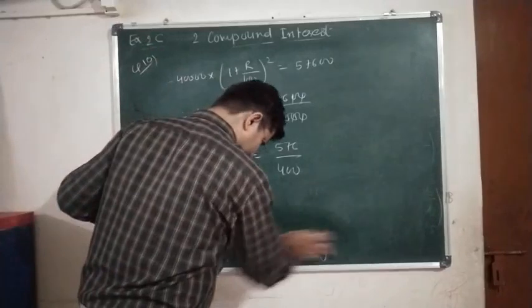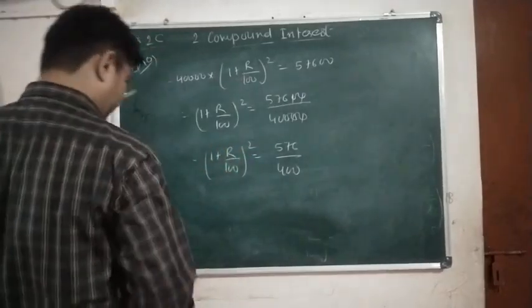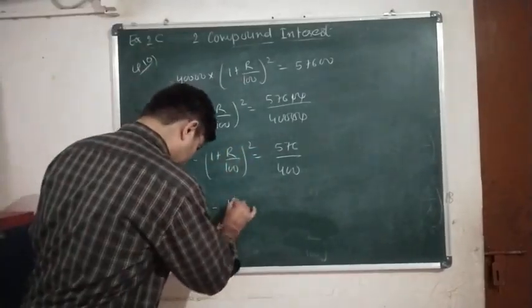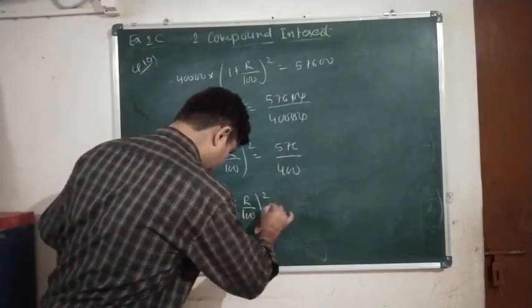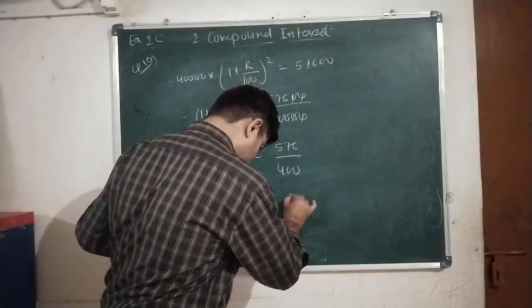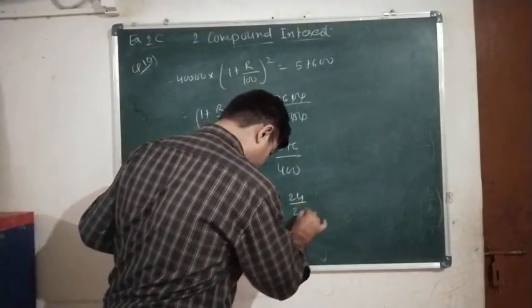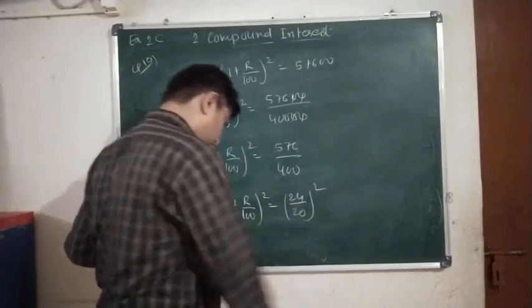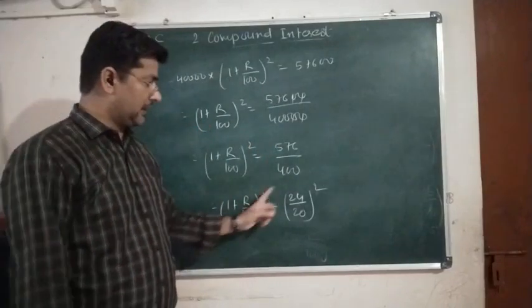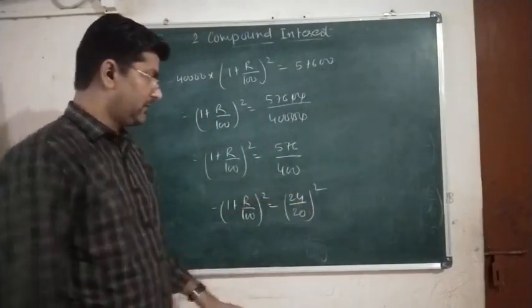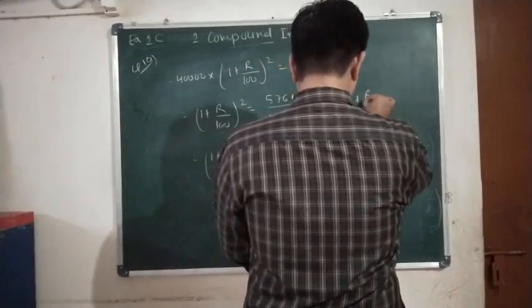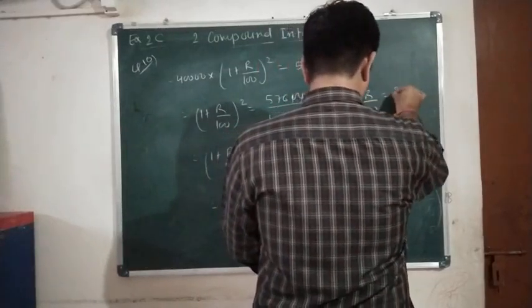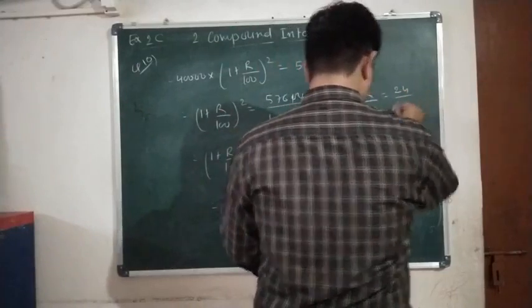So we can write the fraction on the right hand side as 1 plus r upon 100 raised to 2 is equal to 24 upon 20 raised to 2. Now on both sides, since the power is equal we can equate the base. Therefore 1 plus r upon 100 is 24 upon 20.